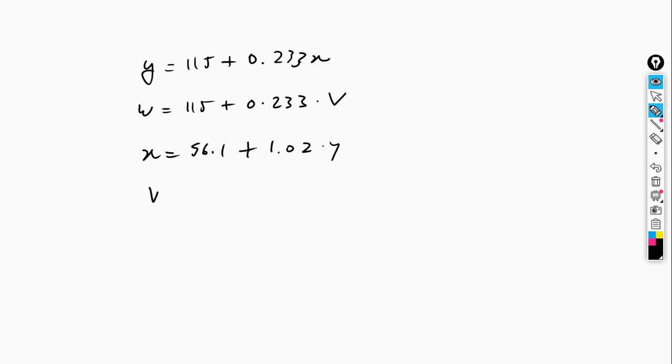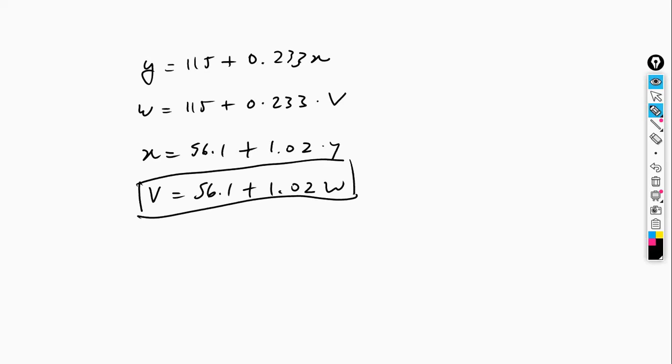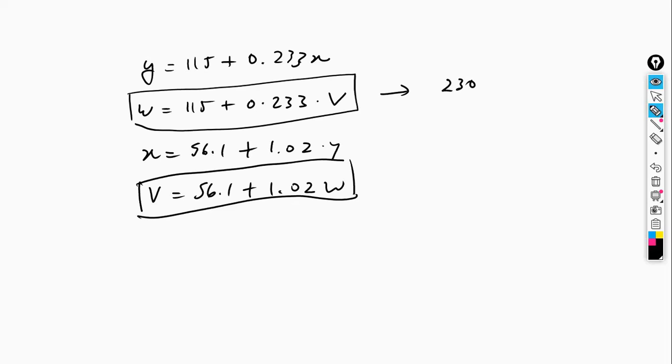Or, in other words, the volume is equal to 56.1 plus 1.02 times the weight. So let's focus on these two equations because these are the ones that are going to solve the problem for us, right? Because they said, use the model to predict the weight. So for this one, we'll use this, the weight of a 230 cubic centimeter fruit. And then they say, predict the volume, so we'd use this one for that, of a 168 gram fruit.